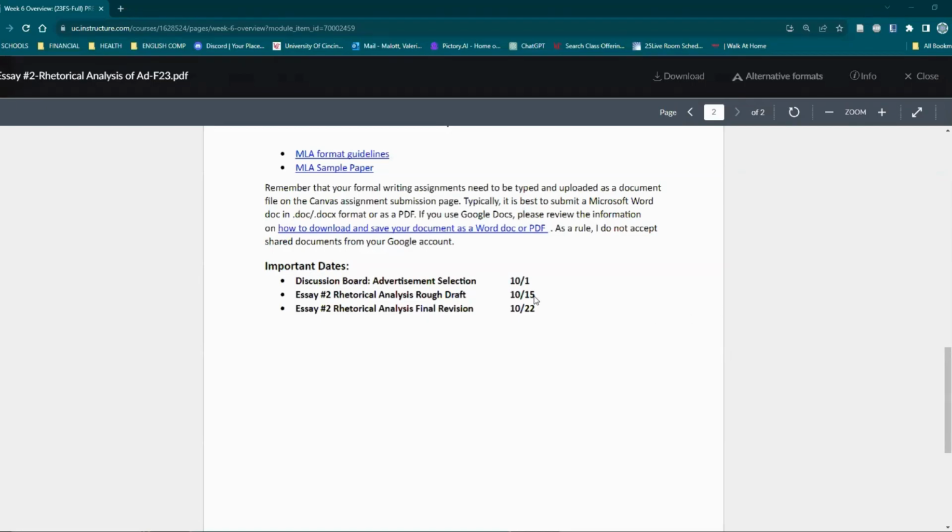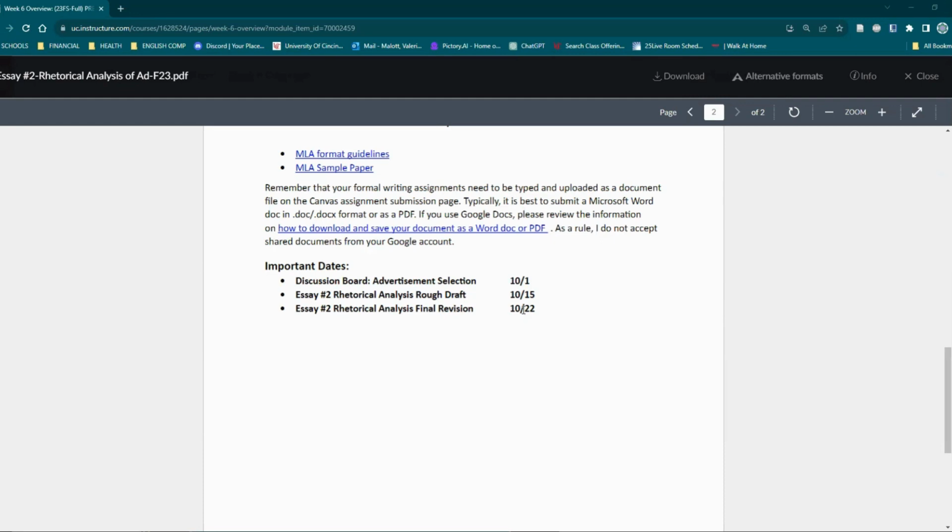Then you see the next due date we have is the rhetorical analysis rough draft. I am requiring you to write a full rough draft to get as close to those page requirements or word requirements, and that will be due on Sunday the 15th, with the final rhetorical analysis revision due on Sunday the 22nd.